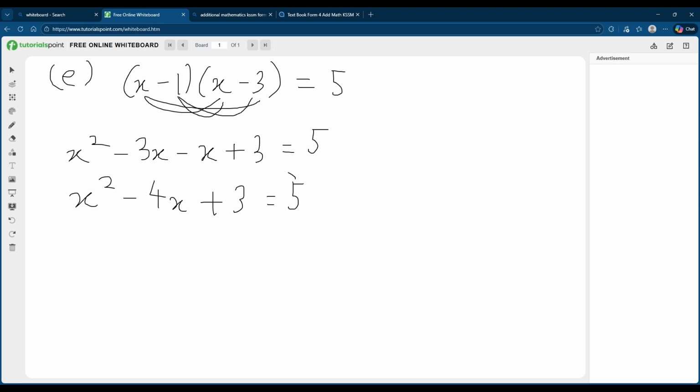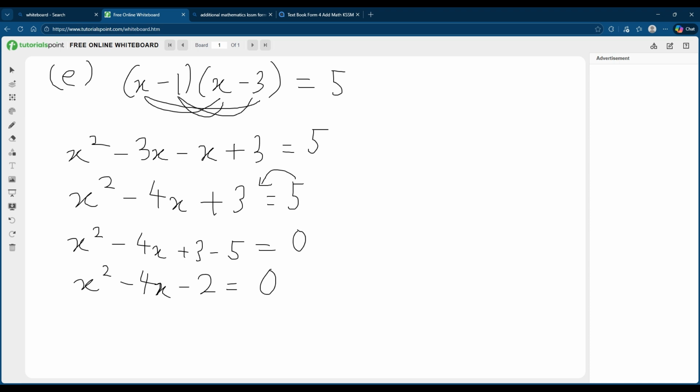We move this 5 to the left side, so it becomes x squared minus 4x plus 3 minus 5 equals to 0. Positive changes to negative when moved to the left. Then you get x squared minus 4x plus 3 minus 5, which is negative 2, equals to 0.